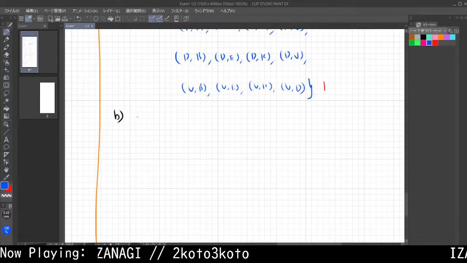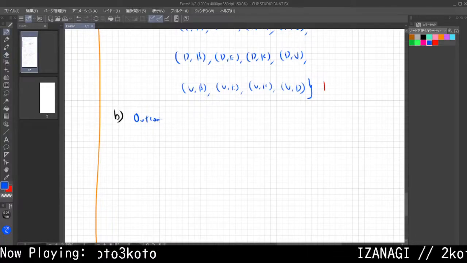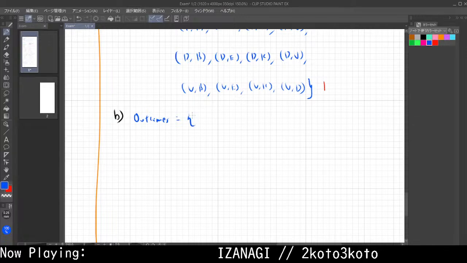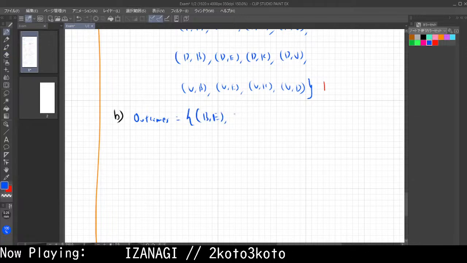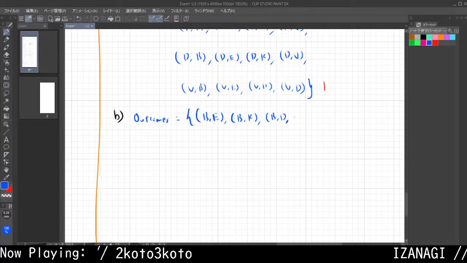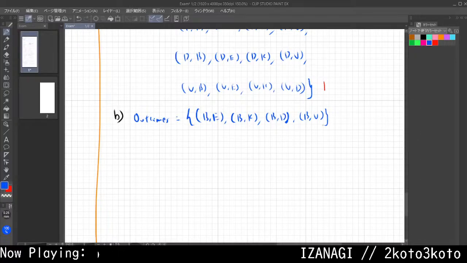Your possible outcomes in this case, given that everything starts with B, are BE, BK, BD, and BU. So listing all possible outcomes gives you 1 mark.